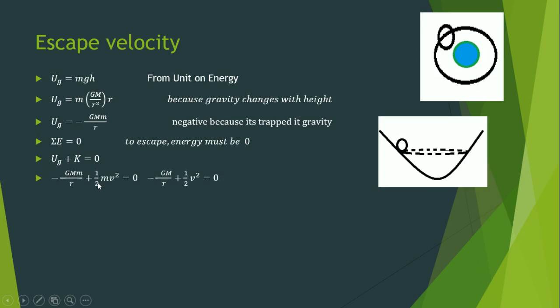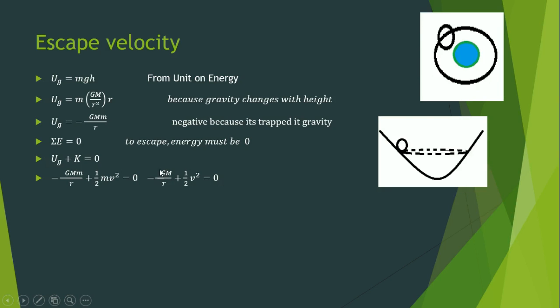And so we write our forms. Negative big G big M little m over R, because that's the gravitational potential energy, plus the kinetic energy, which is 1/2 m v squared, equals 0. And we cancel out the little m's because they're in all the terms except the 0, obviously.